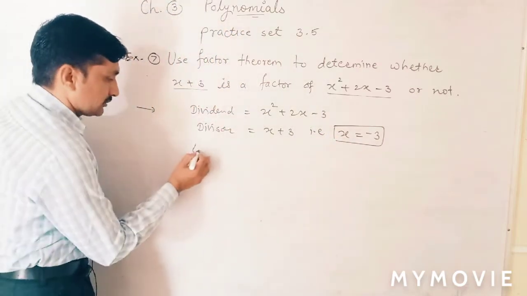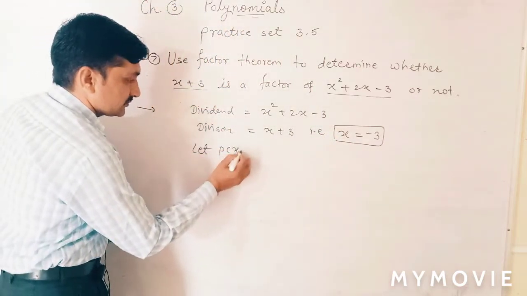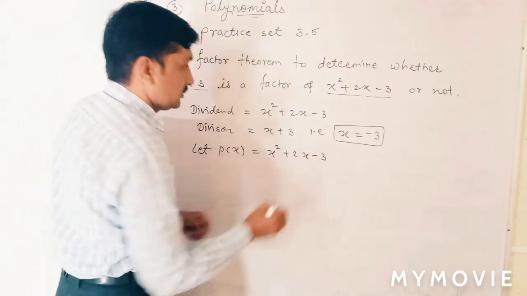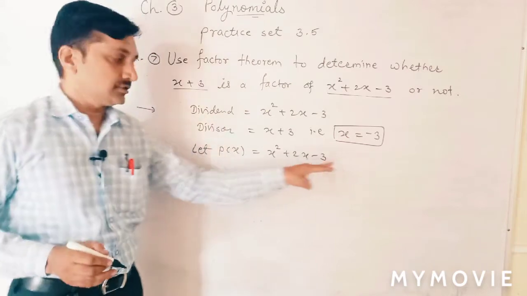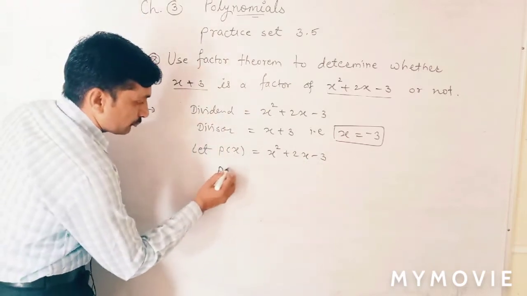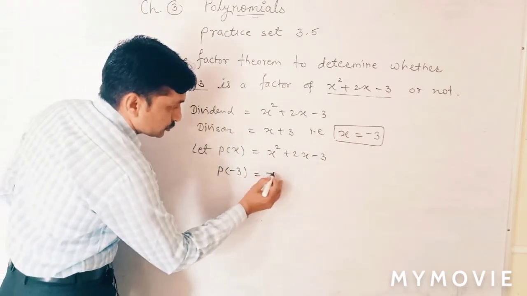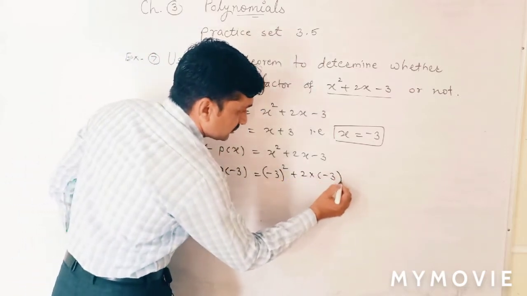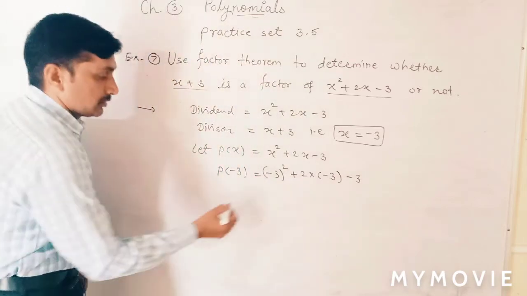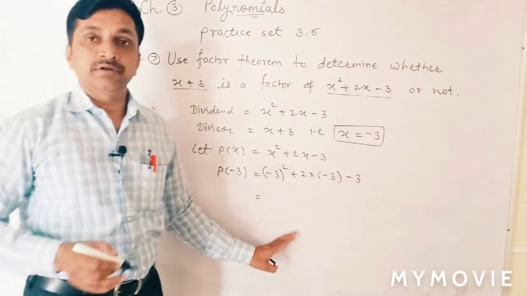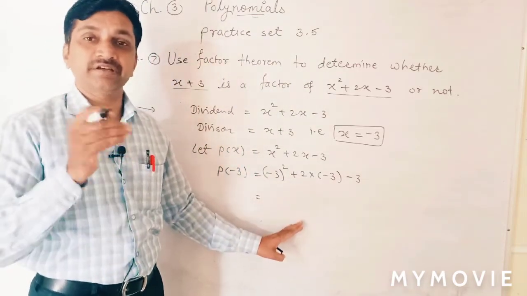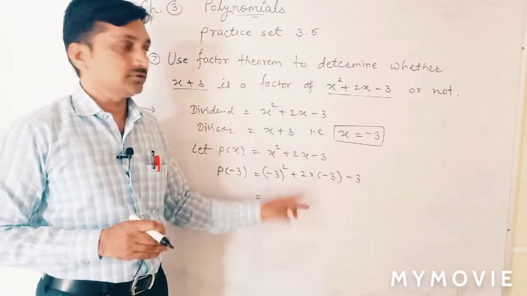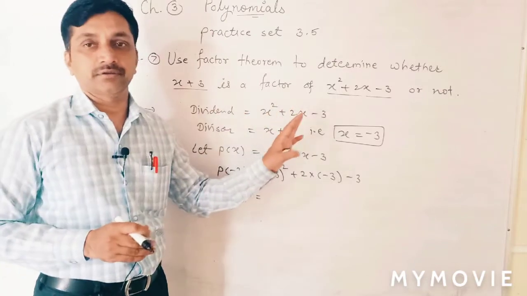Let p of x be equal to x square plus 2x minus 3. Now put x equal to minus 3 in the polynomial. P of minus 3 is equal to minus 3 square plus 2 multiplied by minus 3 minus 3. After solving, if we get the value 0, meaning remainder 0, then we can say this is a factor, otherwise not.